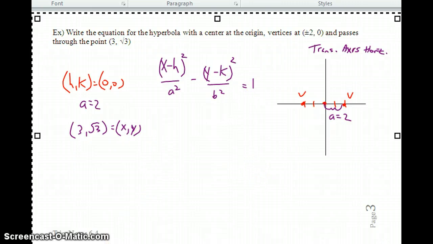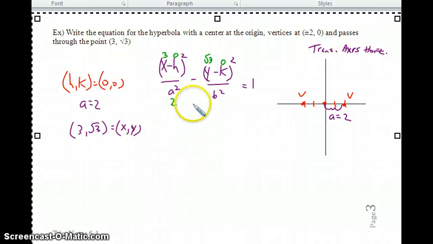So let's think about what do I know. I know h, k, 0, 0. I know that a is 2, so that'd be 2 squared. And I know an x, y value. X is 3. Y is the square root of 3.